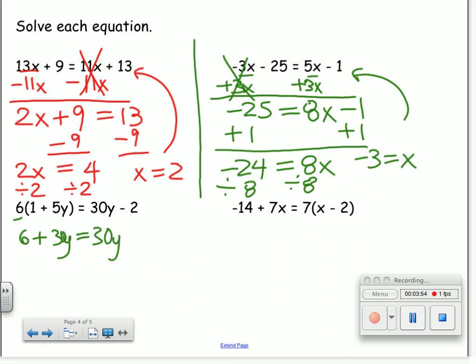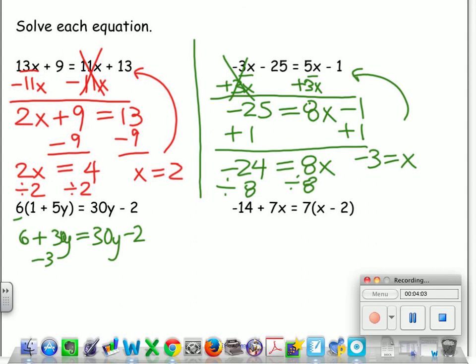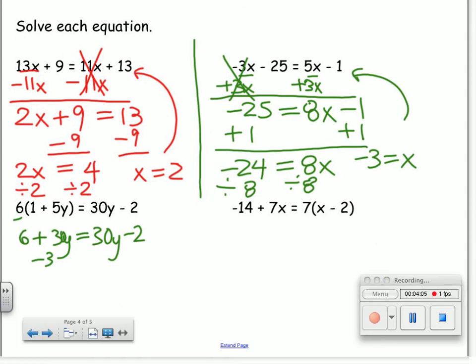I need to isolate the variables, so I'm going to get things on the same side. I'm going to subtract 30y from both sides. What I end up with is something kind of funny, because this cancels out, and this also cancels out. I'm left with 6 is equal to negative 2. That doesn't work.